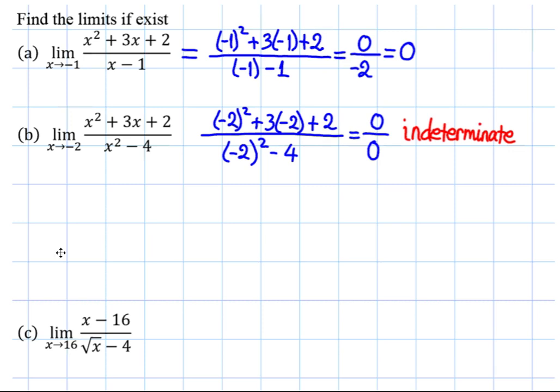So if it is indeterminate, we certainly cannot write the equal sign here because it could be anything. So we have to do it differently. What we can do here is even we have 0 over 0, but that definitely helps us. What we have is a theorem.